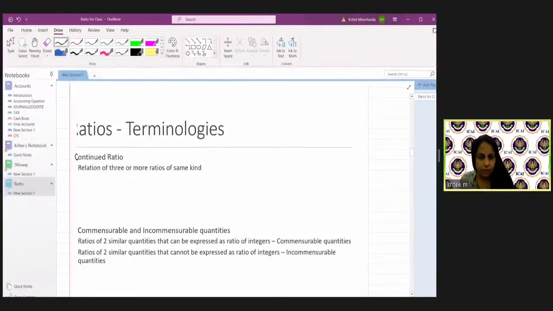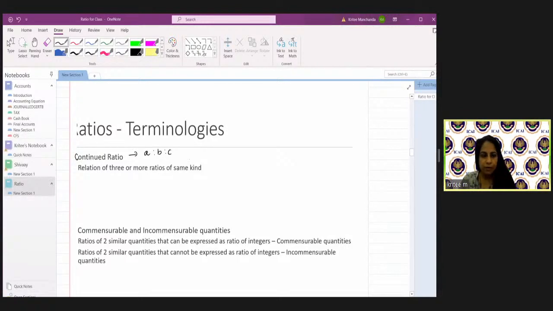So continued ratio would be when you can identify a relationship between 3 or more variables. That is A, B, C are in some common relation with each other. A very common one that I can remember from your syllabus is partnership in accounting.